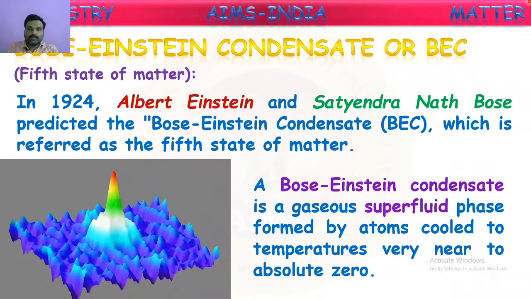It is called superfluid, meaning the gas is cooled to very low temperatures. There, the molecular vibrations are almost frozen. This phase is called BEC. The phase formed by atoms cooled to temperatures very near to absolute zero, means very low temperatures.